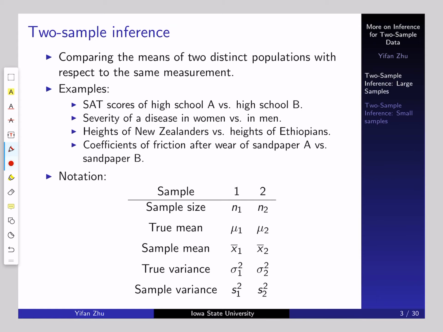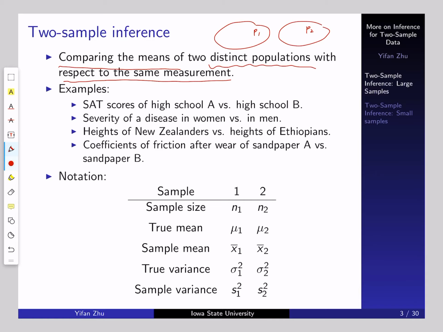So remember that when we talk about two sample inference, we want to compare the means of two distinct populations. So there are two populations with respect to the same measurement.